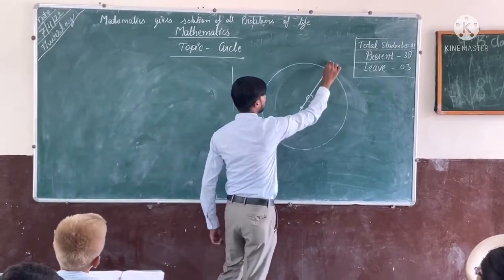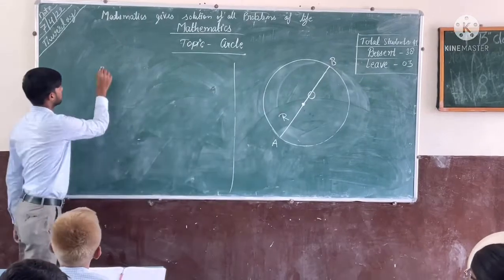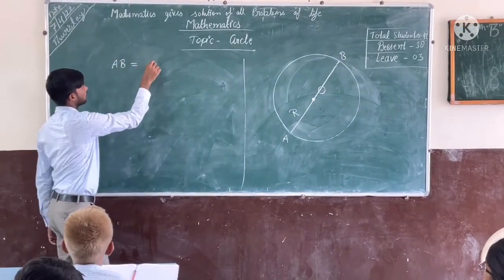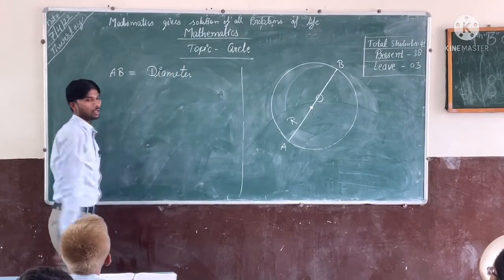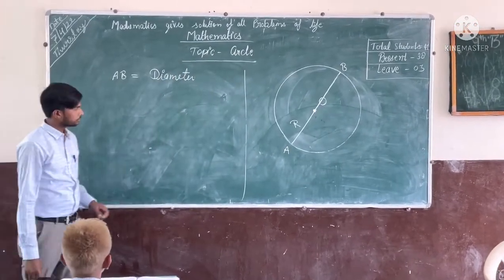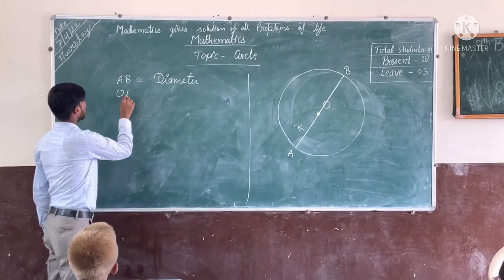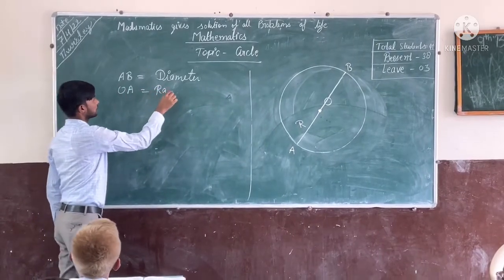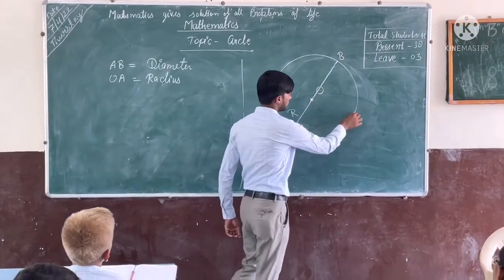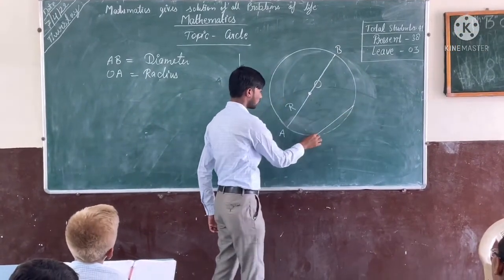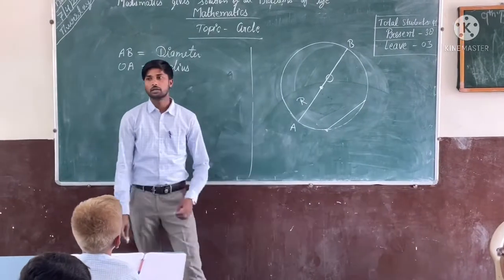Name it as AB. So AB is representing the diameter. OA is representing the radius.